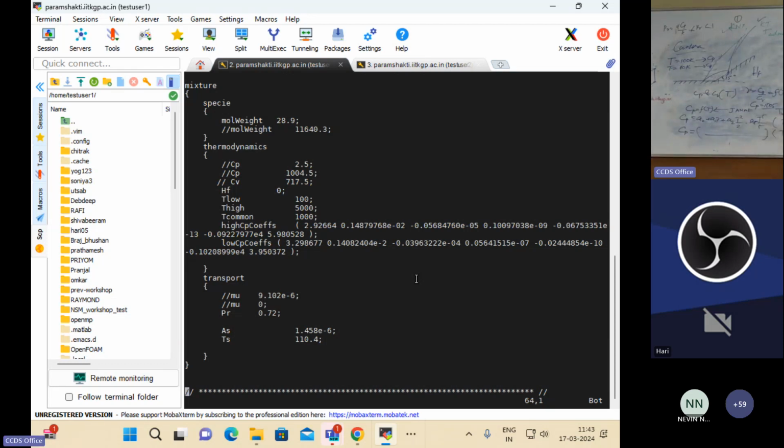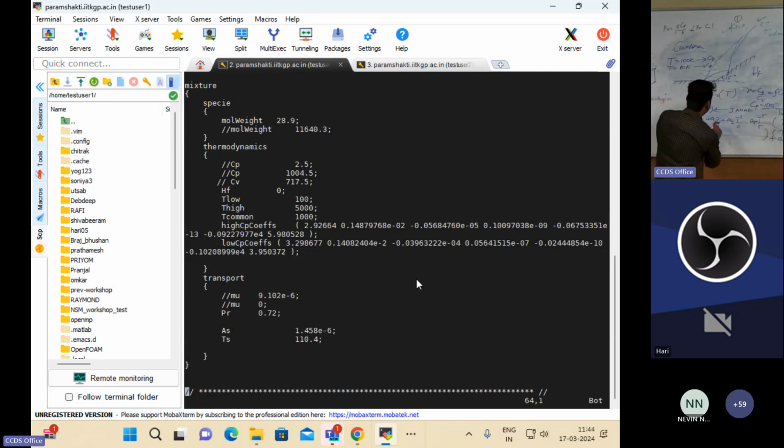For air, these coefficients are valid. You can pick up any species: nitrogen, oxygen, carbon dioxide. If you go to combustion tutorials, you will find a lot of CP coefficients. You can copy paste and use them in your simulation. Yeah, this is the structure. It will take some enthalpy offset, and another constant which is for the entropy offset.